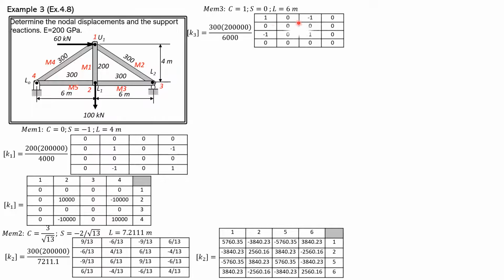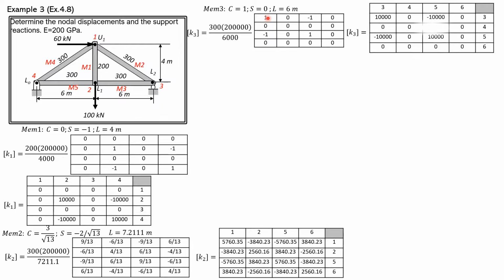So 1, CS 0, then negative 1, 0, then CS 0, S square 0. So everything is 0 here, then copy. So considering the value 300 times 100,000 over 6,000, this is 10,000, negative 10,000, then negative 10,000, 10,000.